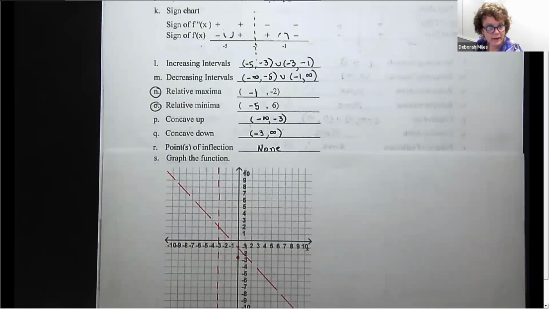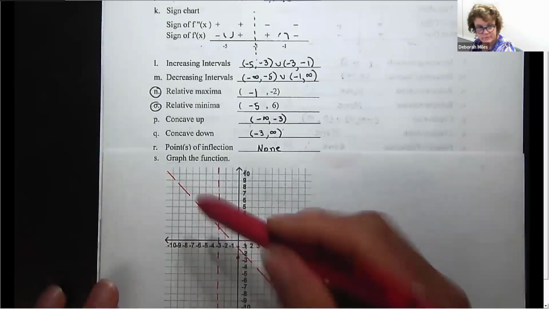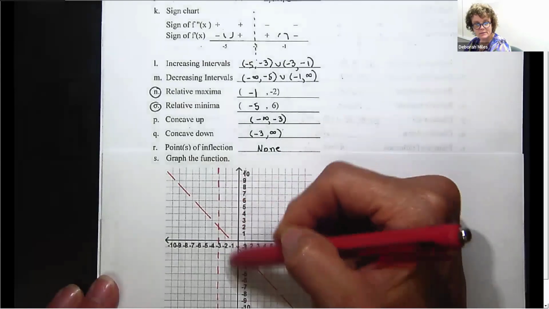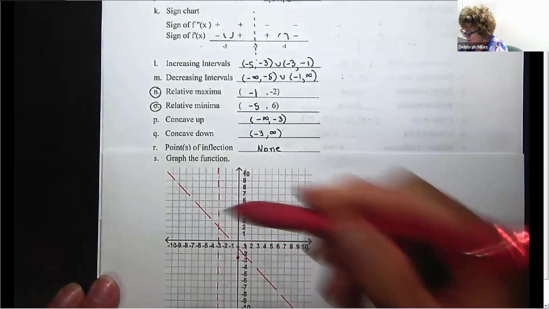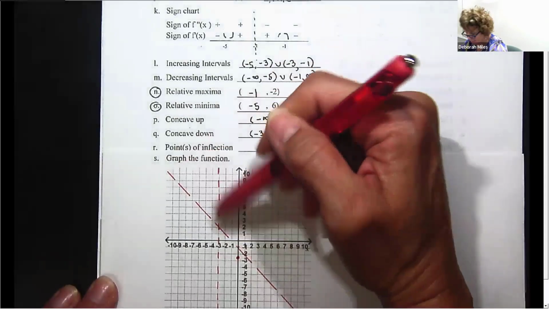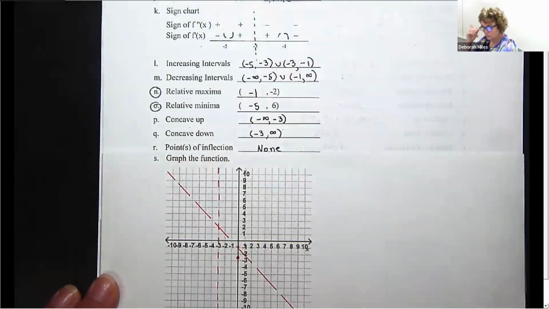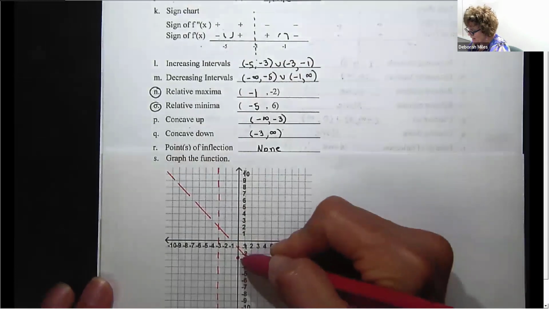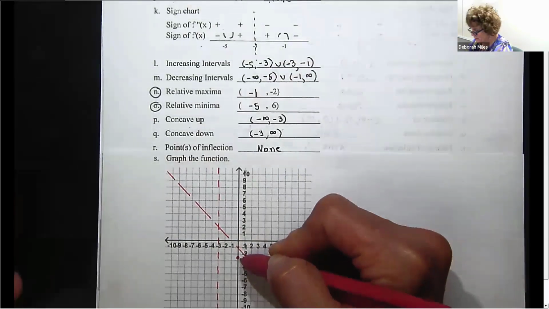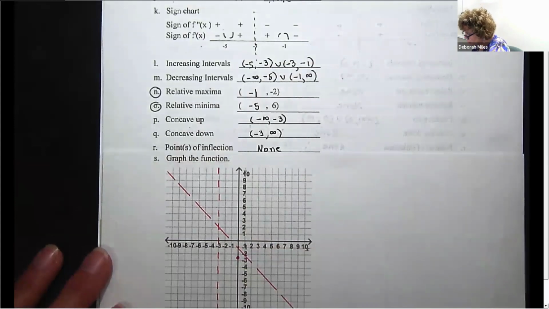Let's finish this graph. We already have the vertical asymptote at x equals -3. We already have the slant asymptote y equals -x minus 1. And we have the y-intercept at 0, -2 1/3. So what else do we know?